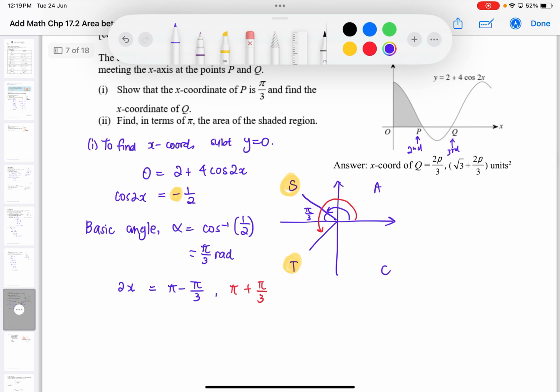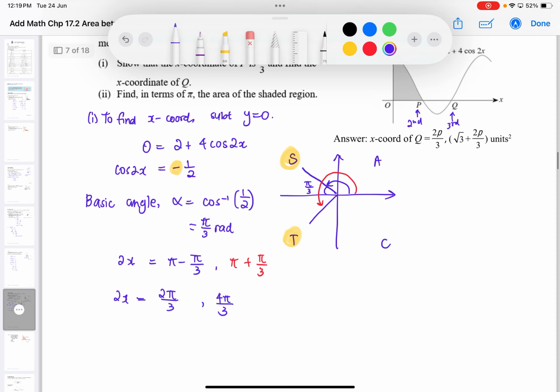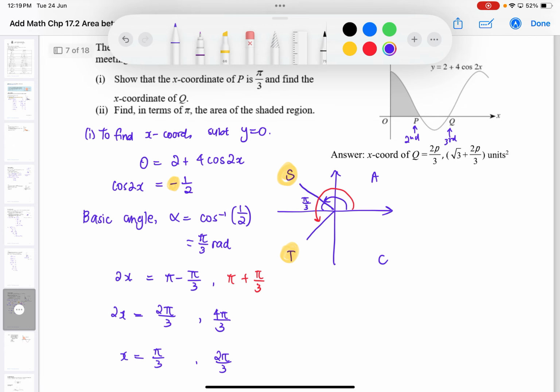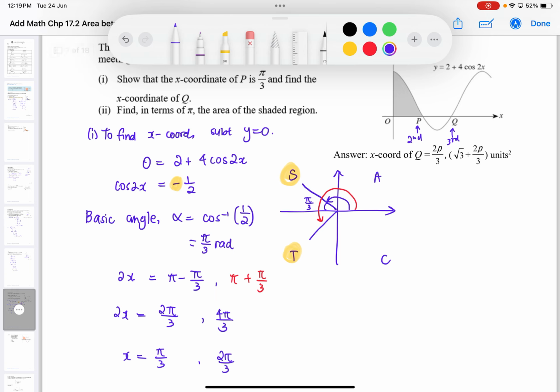Okay, so this will give you 2x to be 2 pi over 3 as well as 4 pi over 3. Then divide by 2. So therefore, you have shown that P's coordinate is pi over 3.